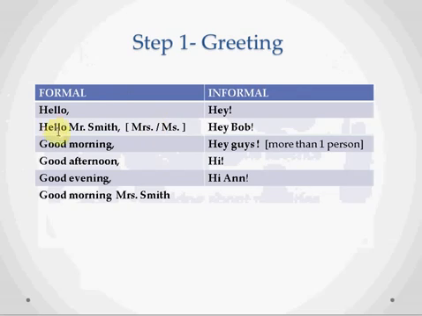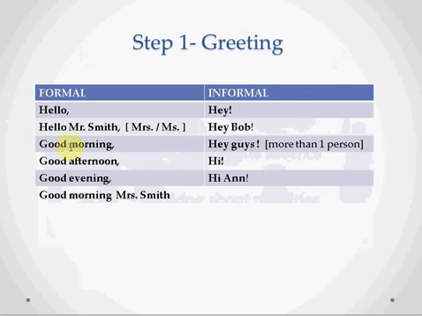So if we say hello, Mrs. Smith, we know that this woman is married. So we can usually use the last name of the person. Hello, Mr. Smith. Hello, Mrs. Smith. Or hello, Ms. Smith.